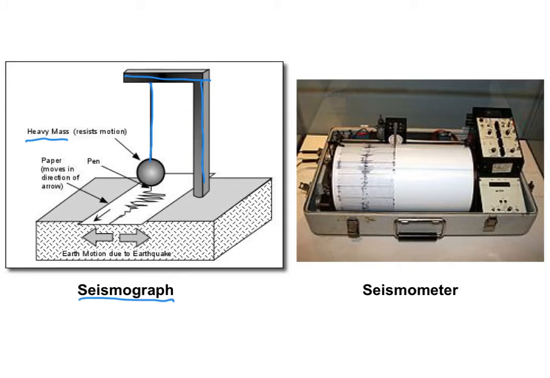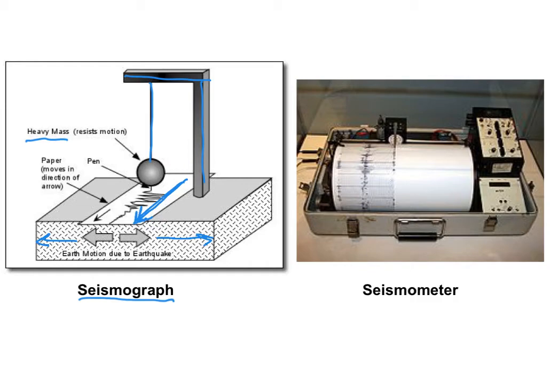And then the base that the bar is attached to will move back and forth or sideways due to the earthquake. And when this moves, there's this piece of paper right here, and this piece of paper will actually move this direction, so that as the earthquake is taking place, the ball will stay put, but the paper and the stand will move around.